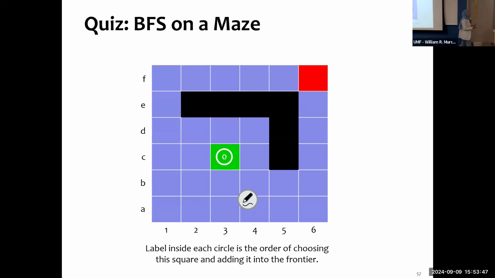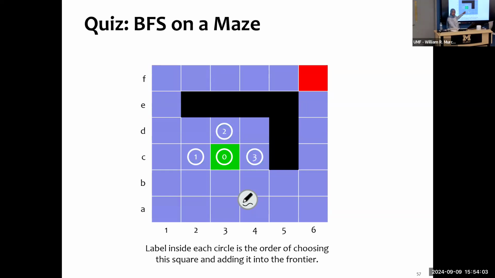So how does the BFS algorithm work? I have this initial state, from which I can go up, down, right, and left. So I can visit this state, then this one, and this one, okay? Next, which one will I go to? The first one must always take its right.